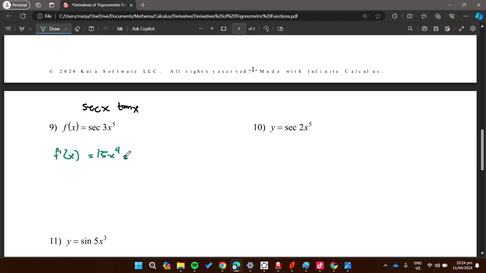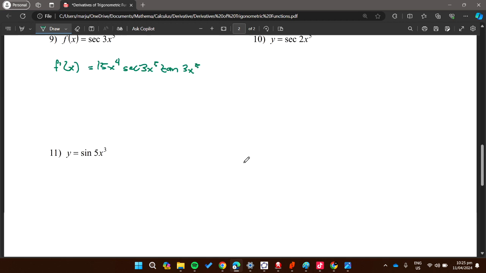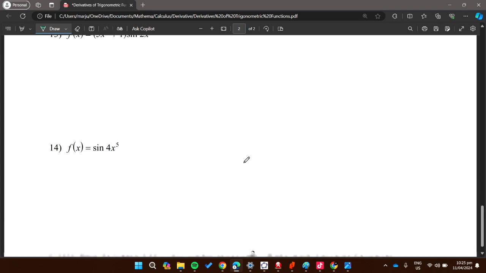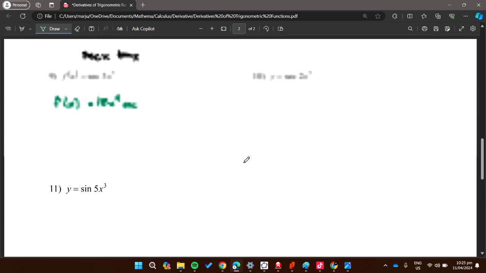And then, secant of 3x to the fifth power, and then tangent 3x to the fifth power. Right? So, that will be the answer for number 9. Let's try to finish lang the exercise and then we'll end. Alright.